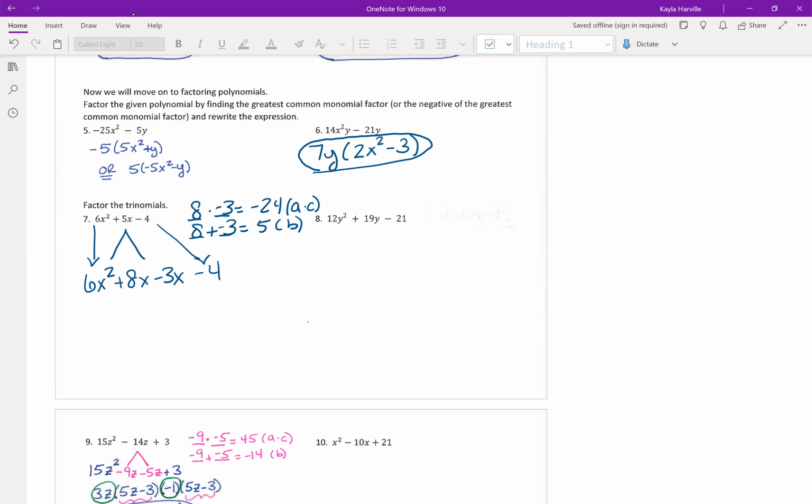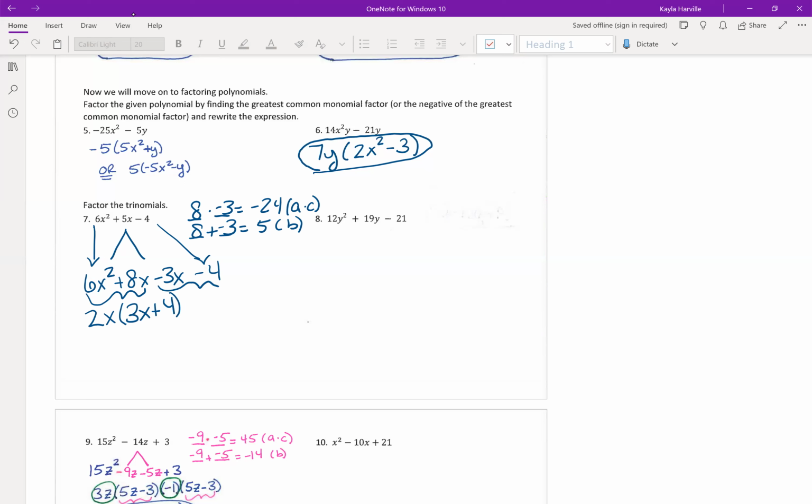Now we look at the first two terms and we pull out what they have in common. 6 and 8 both have a 2 in common, and they have an x in common because we have x squared and x. So that leaves me with 3x plus 4.